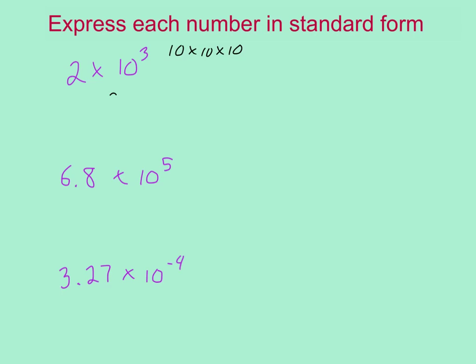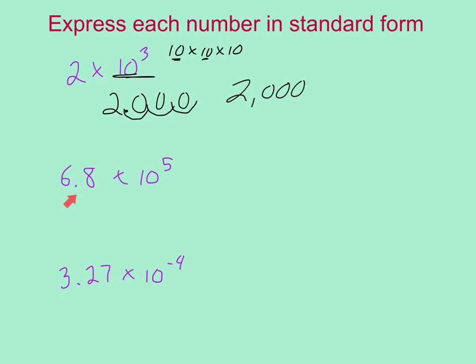So when I have 2, and I'm going to times it by 10 to the third power, okay, I know 2 is really the same as 2.0. I'm going to move the decimal to the right 1 time for every 10 that I multiply it by. So 2 times 10 would give me 20, times another 10 would give me another 0, and another 0.